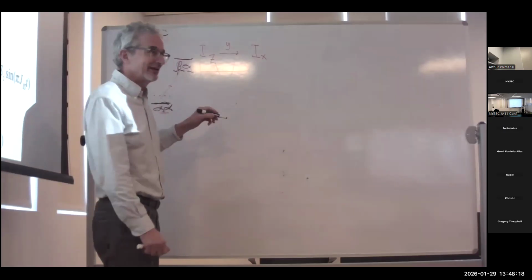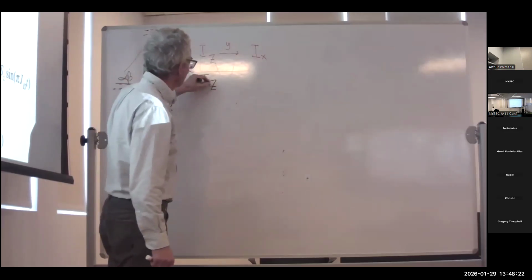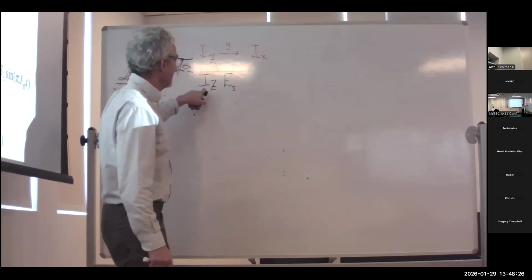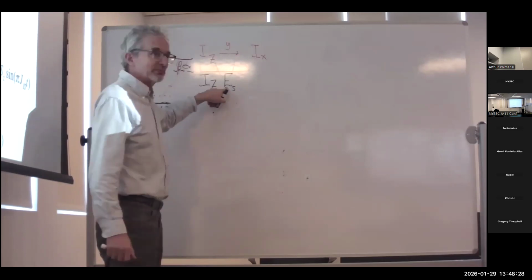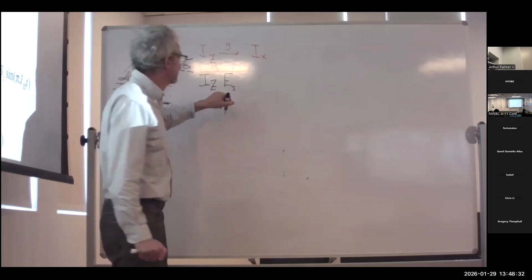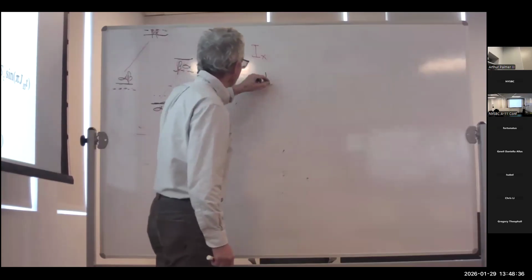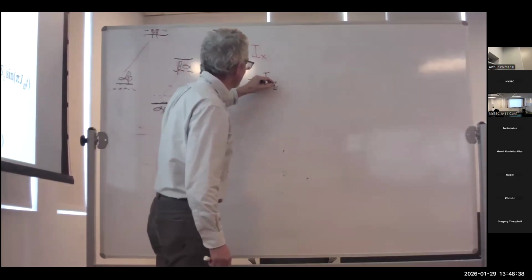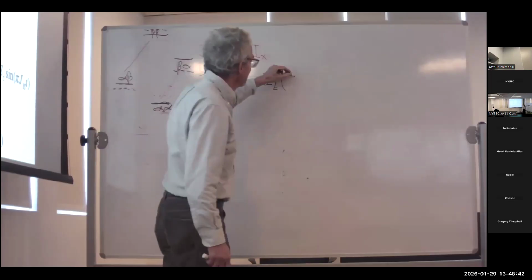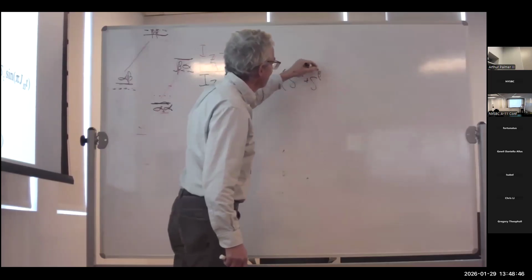Because if I think that IZ is really the IZ operator direct product with the identity operator for the S spin, one way of writing the identity operator for the S spin would be that it's the sum of S alpha and S beta.